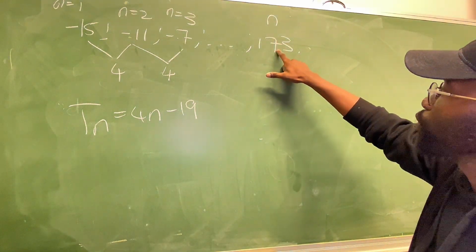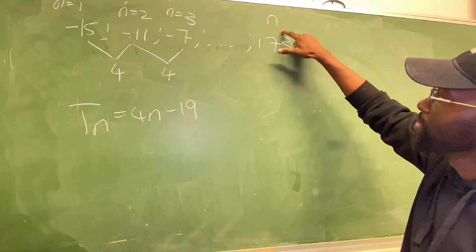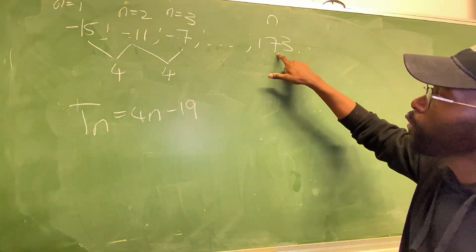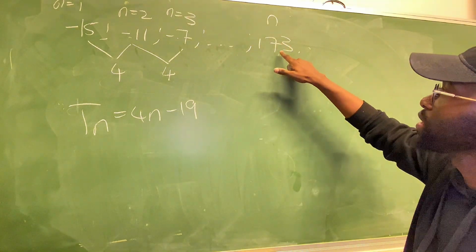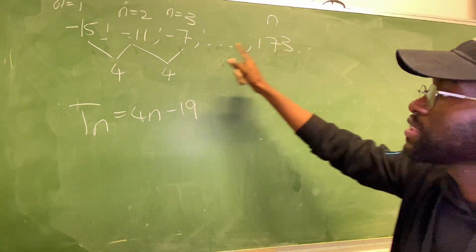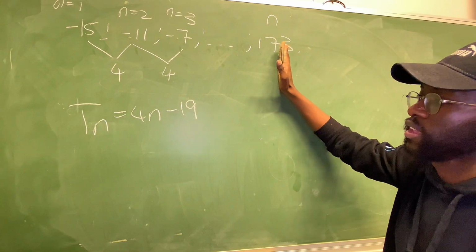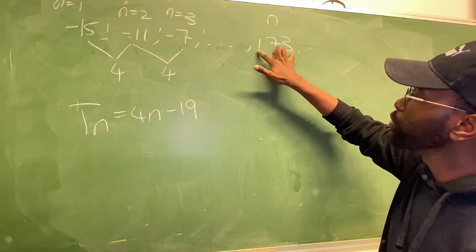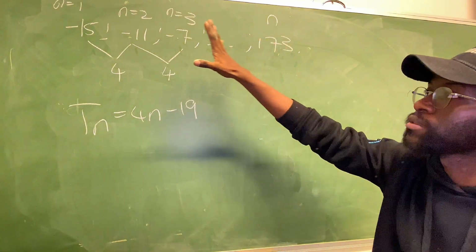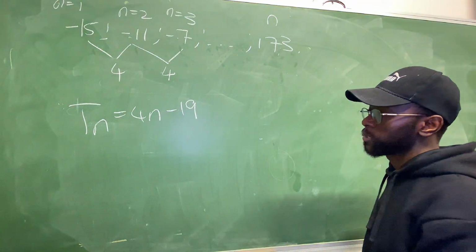If we find out what number n this last term is, then we will know how many of them are there. Because if this is position 10, then there's 1, 2, 3, 4, 5, 6, 7, 8, 9, 10. So we find the position of the last term to know how many terms are in this sequence.